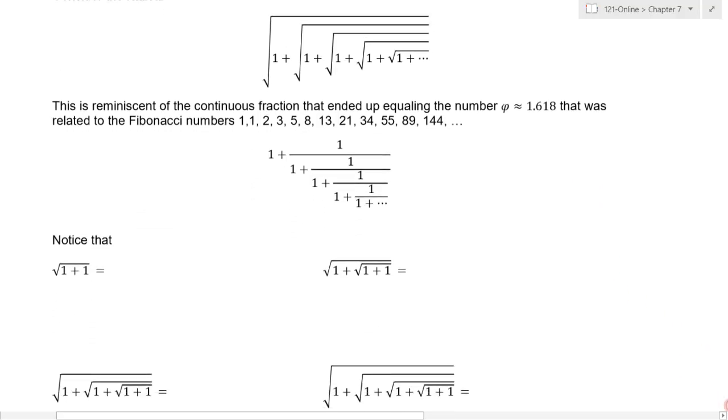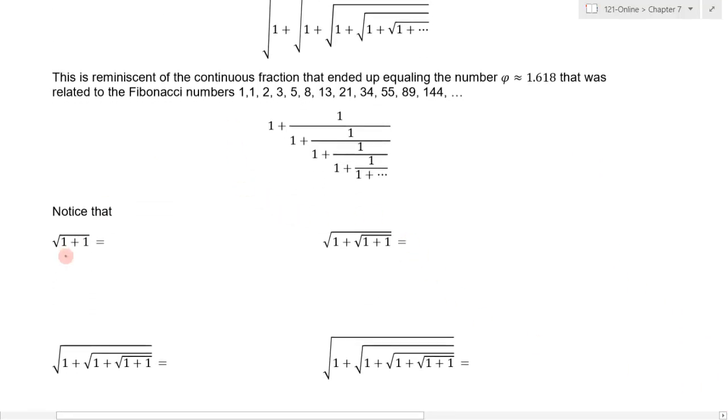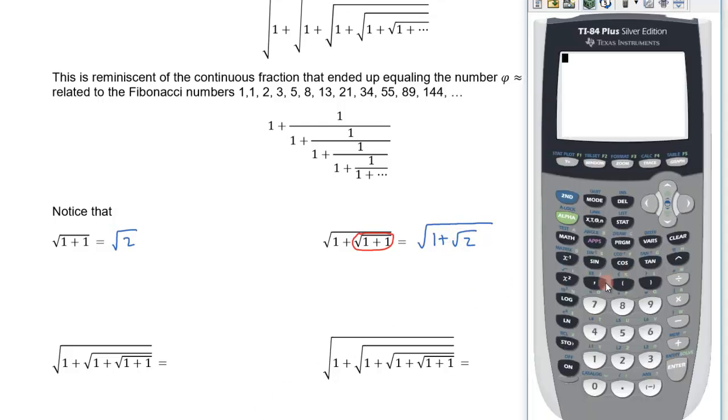Well, notice that if I look at just the square root of 1 plus 1, that's going to be the square root of 2, right? And then if I look at the square root of 1 plus the square root of 1 plus 1, notice that this part right here is exactly this part I just did right here. So this is going to equal the square root of 1 plus the square root of 2. Now we can do that on our calculator.